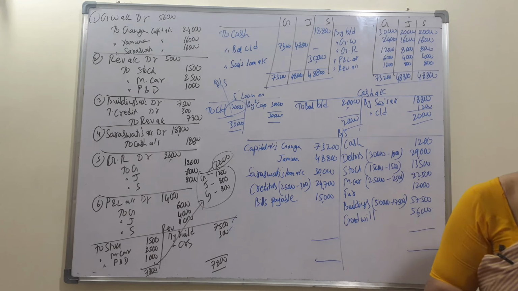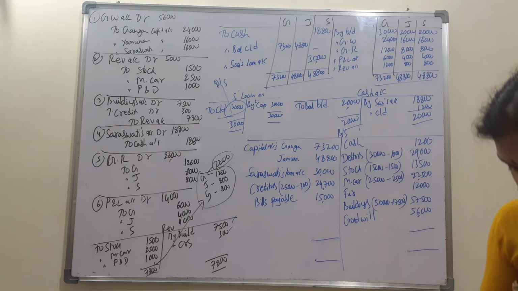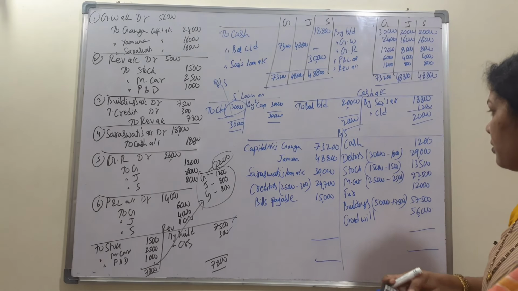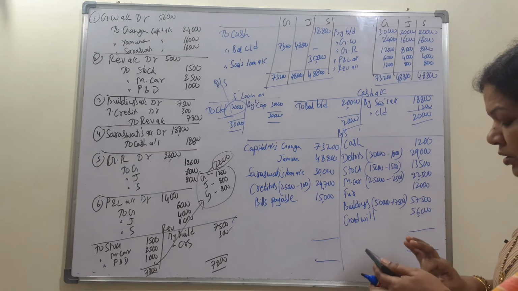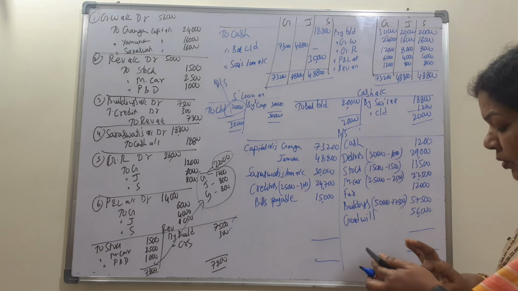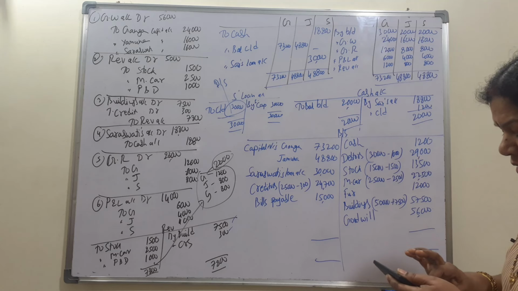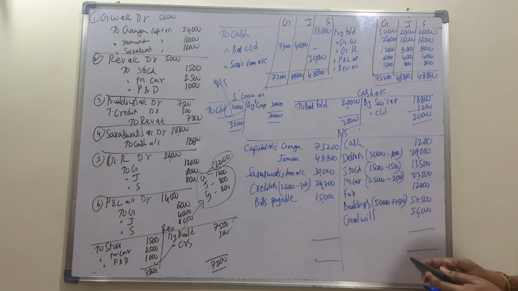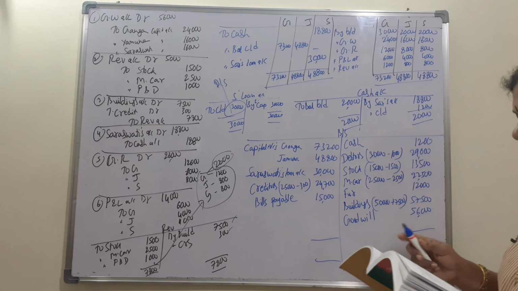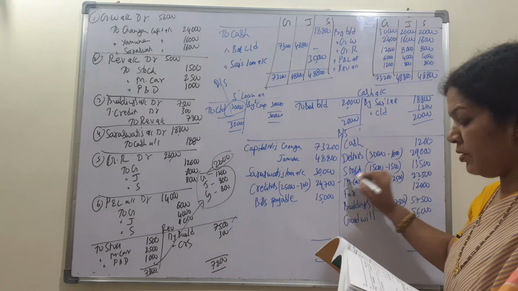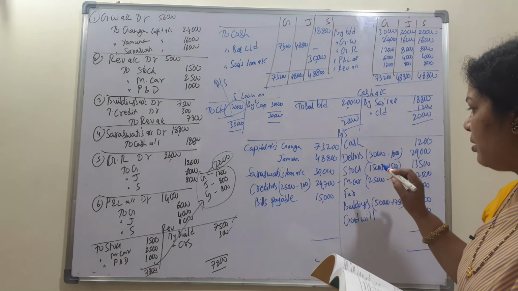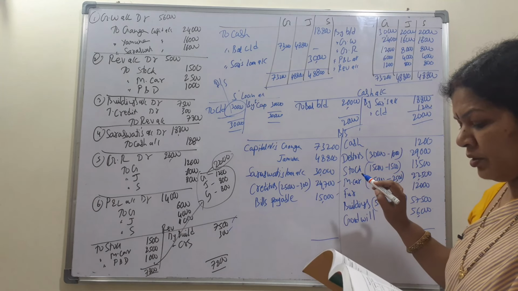Now let's total up this. 73,200 plus 48,800 plus 54,700 we can take plus 15,000. We'll check it once again. So 24,700 and bills payable 15,000.